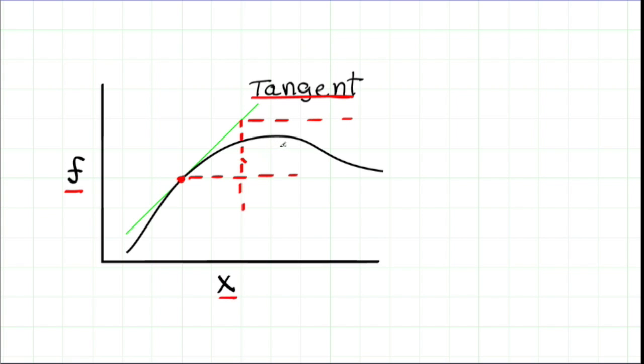And so the rise is this distance right here. And that's delta F. And the run is this distance right here, which is delta X. And so the slope is the amount or change in the dependent variable corresponding to the amount or change in the independent variable.